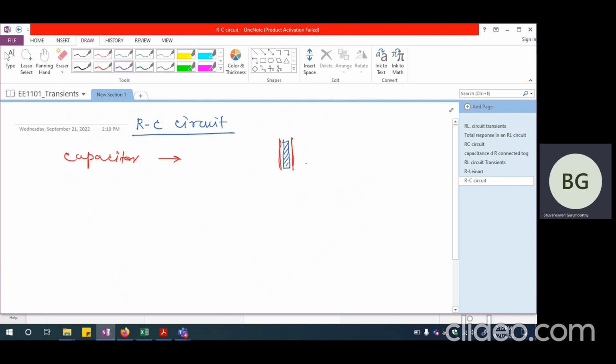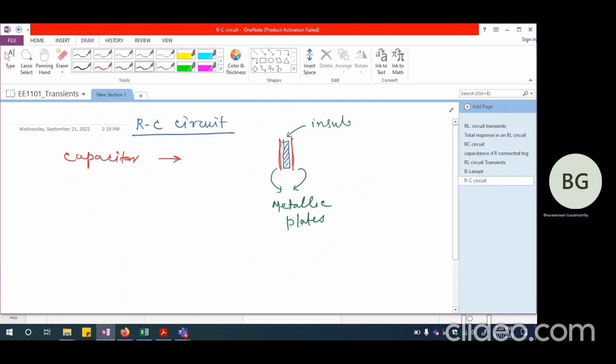So I'm going to have an insulator in between these two, and both of these are metallic plates, and this is the insulator or dielectric. Now, this is what is a capacitor.